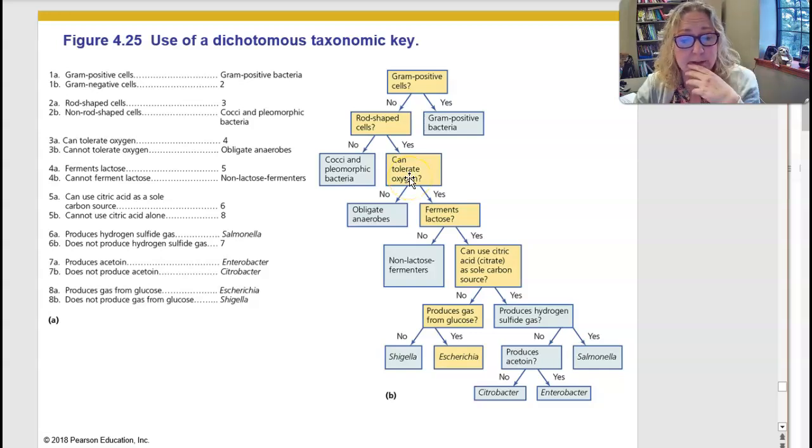You're not in an anaerobic environment. Can it ferment lactose? We will do a lactose test. Yes, it can ferment lactose. Can it use citric acid as a carbon source? We have a citric acid test. Yes. Can it produce gas from glucose? Yes. Then you have E. coli probably, or maybe you have Citrobacter if it produces hydrogen gas. Okay, these are how we're going to do the lab.